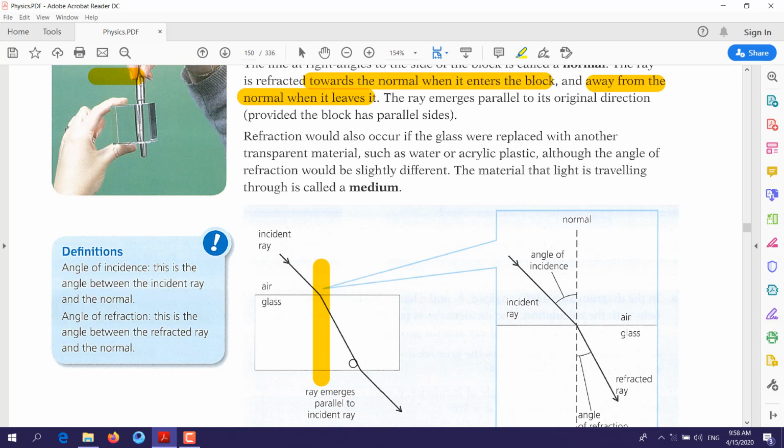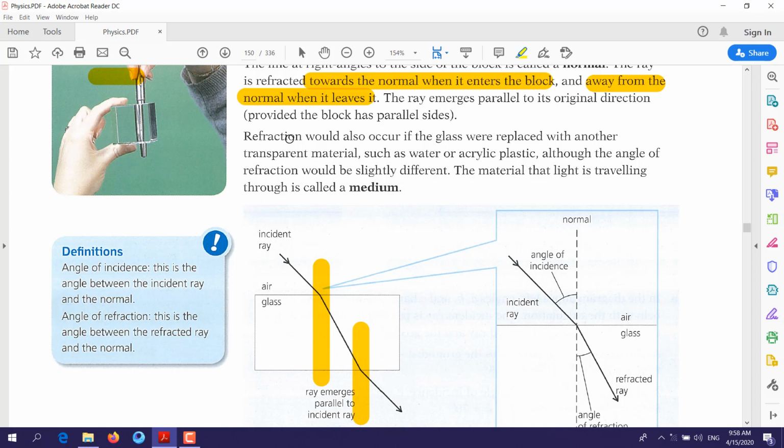But when it leaves the glass, again it will refract or bend, but this time it will refract away. Also here, if we draw a straight line, it's refracting or bending away from the normal.